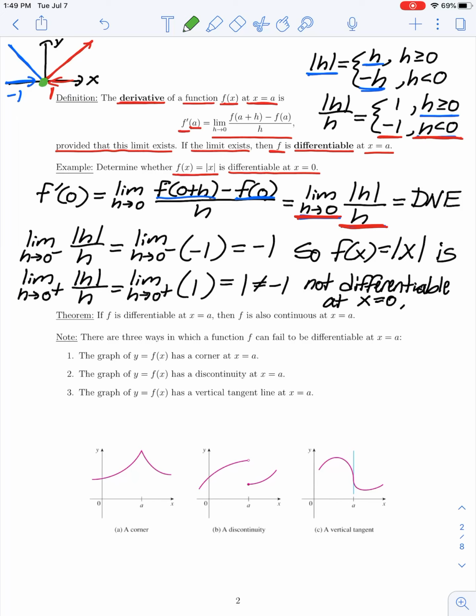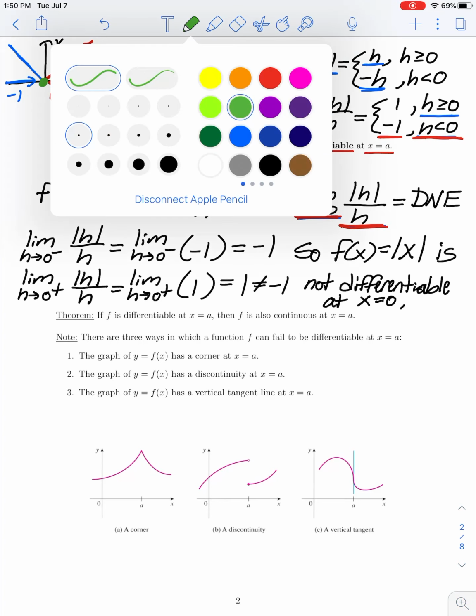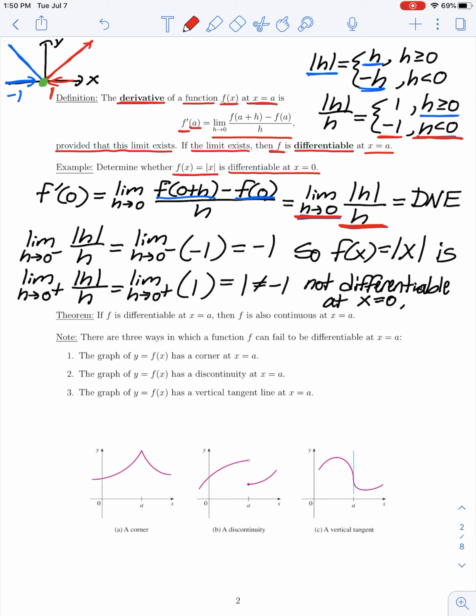Should it be +1 or -1 or something else? Well, here it can't be defined, so we would have our function not being differentiable at that point. And we see from our graph here that we have a corner in the graph of our function at that point where it is not differentiable. That is sort of a sharp corner where we are rapidly changing the slope of this line. So that corner concept will come into play shortly.